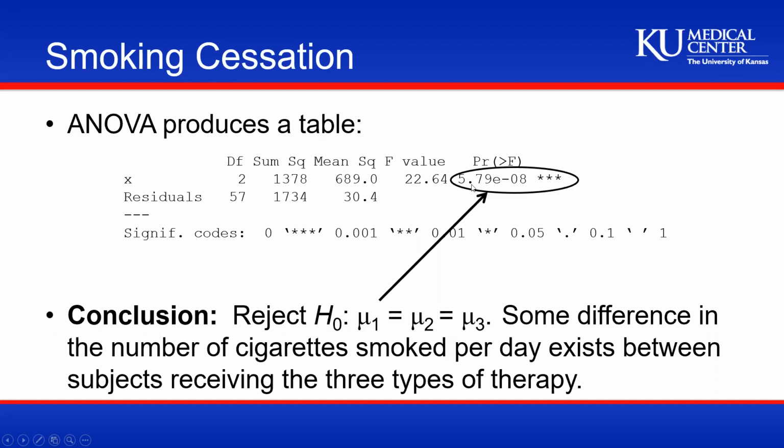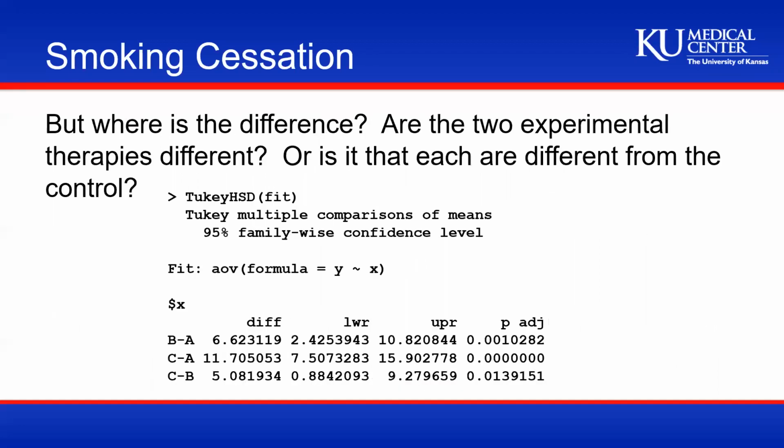But this is saying they're not; it's actually much larger. Reject the null. The interpretation here is not that any one particular group is different. It just tells us that there is some difference among these averages. We have to do a little bit more work to figure out where the averages are different.